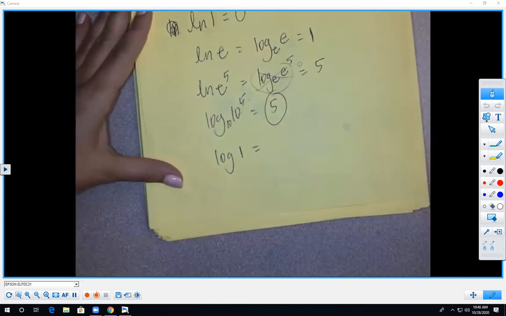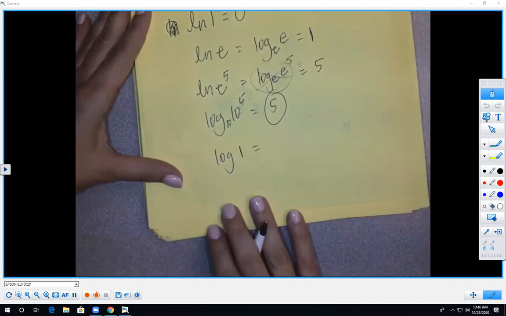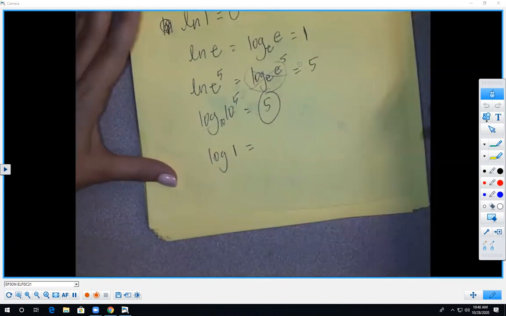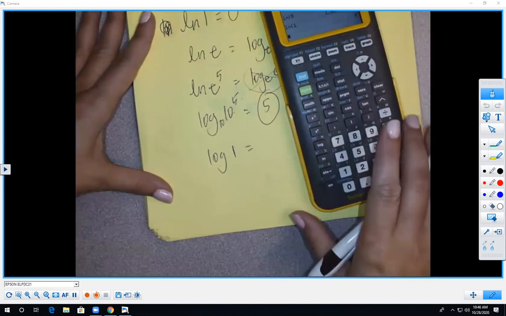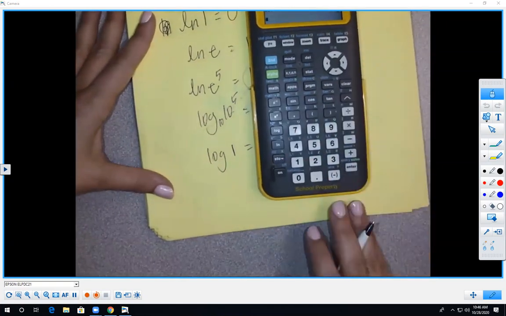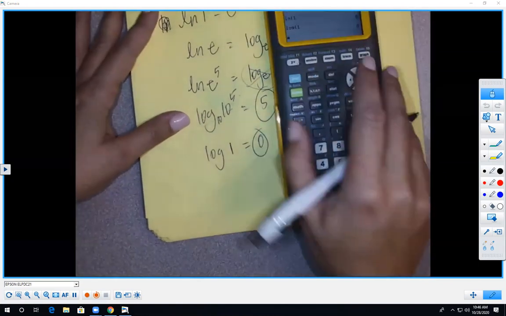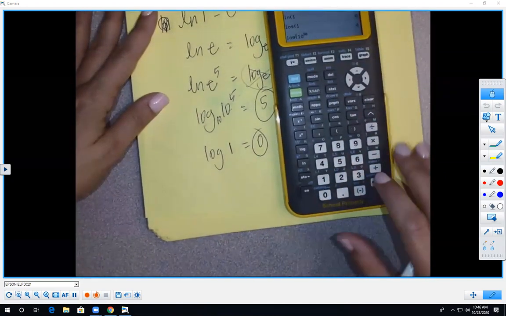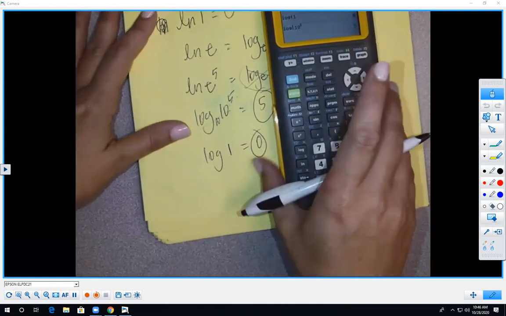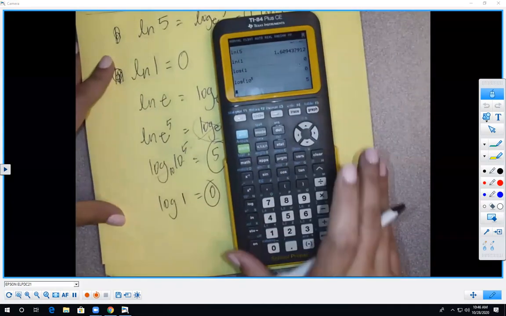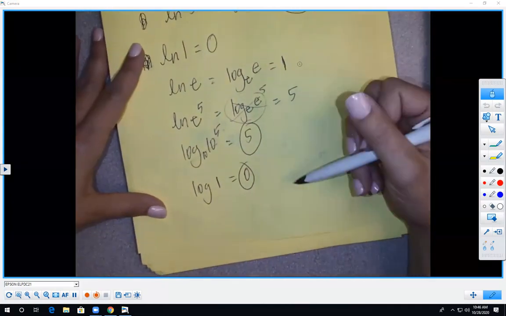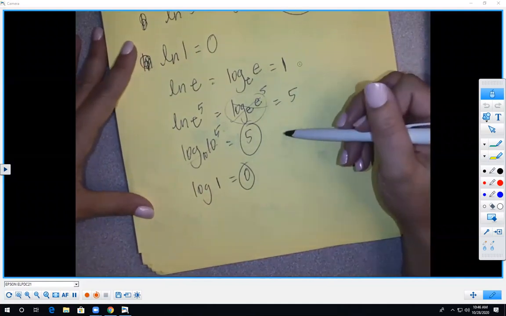What's the log of 1? You can technically put all of these in your calculator. Log of 1 is 0. You could have even put that last one on your calculator. Log of 10 to the 5th power is 5. As long as it's base 10 or base E, the natural log, you can put it in your calculator.